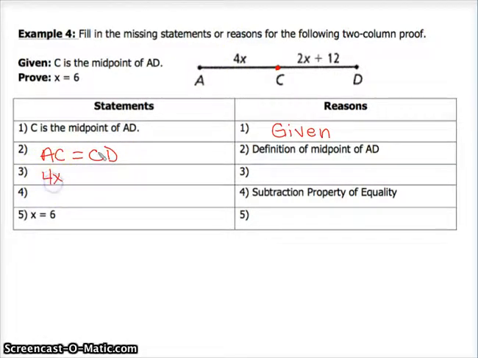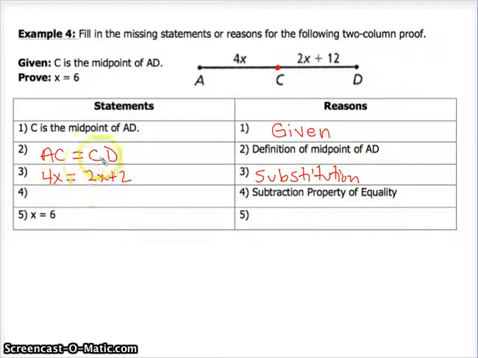So 4x, which represents the length of AC, is equal to 2x plus 12, which represents the length of CD. This is the substitution property. All right, we'll just shorten it to say substitution.